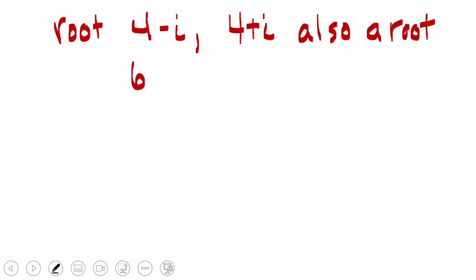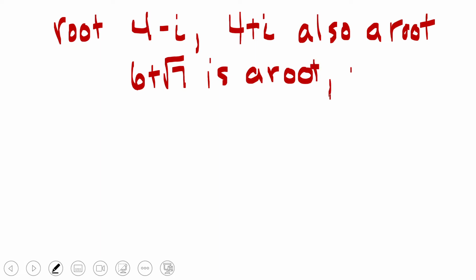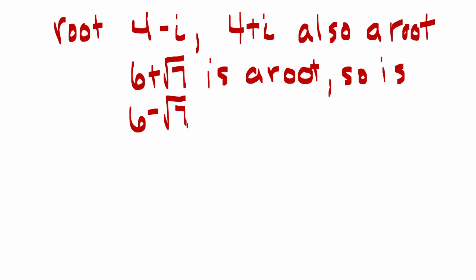If 6 plus square root of 7 is a root, so is 6 minus square root of 7. So you may find or solve for only one of those. You need to think about the conjugate root theorems and go out and grab the other root that is part of the equation from those theorems. Look those over.